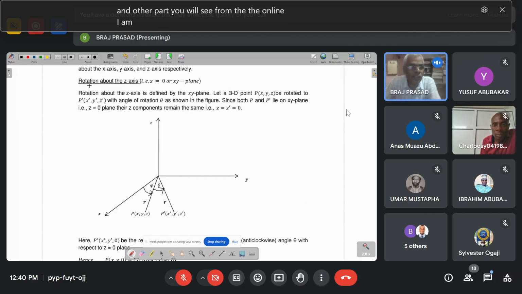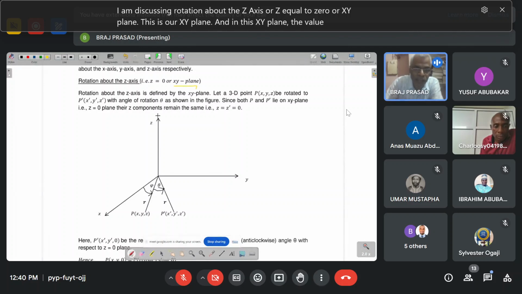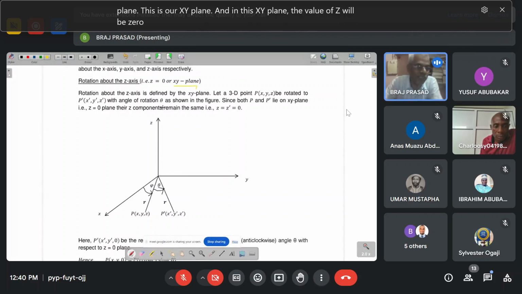I am discussing rotation about the z axis, or z equal to 0, or the xy plane. This is our xy plane, and in this xy plane the value of z will be 0, as I have just discussed. Rotation about the z axis is defined by the xy plane.